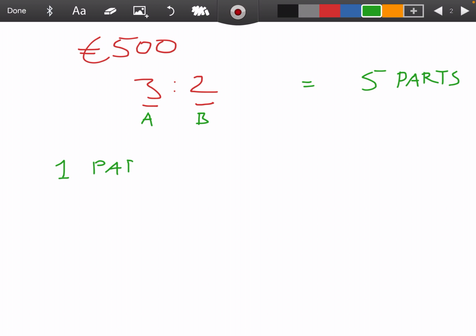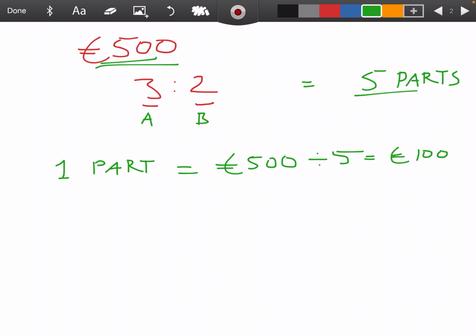So what I do in this case, I'm going to take the €500 and I'm going to divide it by 5, because that's how many parts I need to split it up into, and that gives me 100, doesn't it? So I've done 500 divided by 5 parts, and so each part is worth €100.